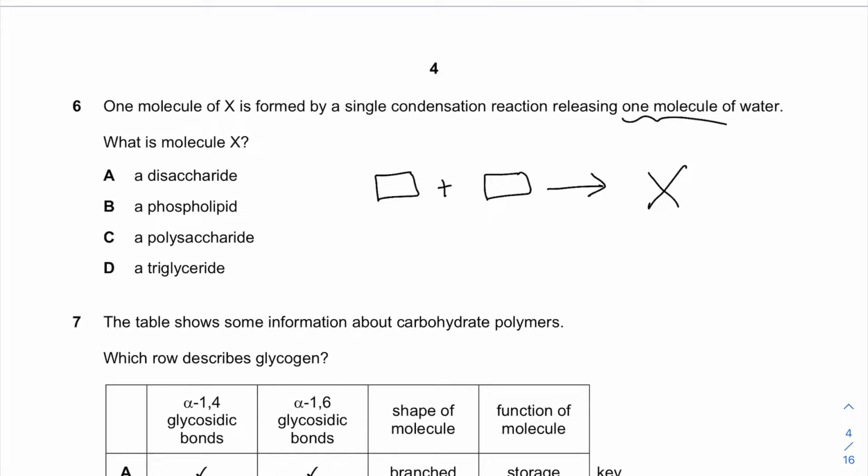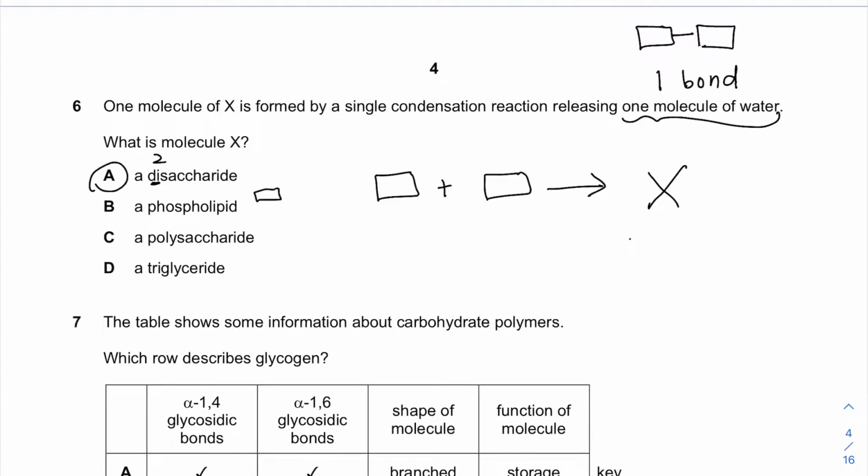And you are only releasing one molecule of water. That means you are only forming one bond. So you are only connecting two monomers. So disaccharide would be correct because a disaccharide, di means two carbohydrate.